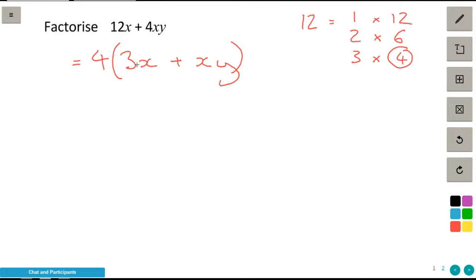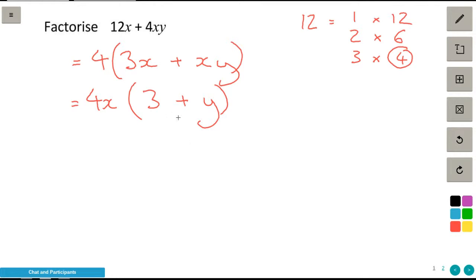And because this is 3 times x and this is x times y, it is a factor because it's multiplying part of that term. So we can take that out as well, and we can write this then as 4x. And on the inside here, we've just taken our x out, so there'll be 3 left over, and we've taken the x out of this, so there'll be y left over.